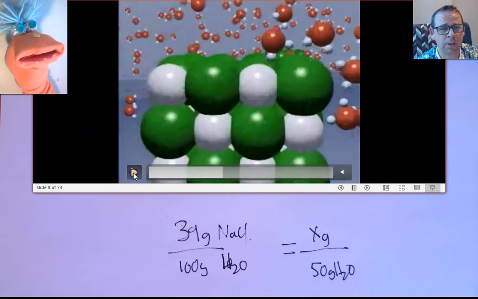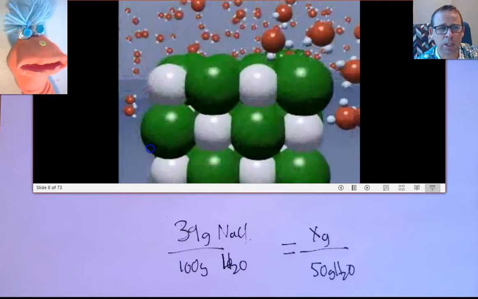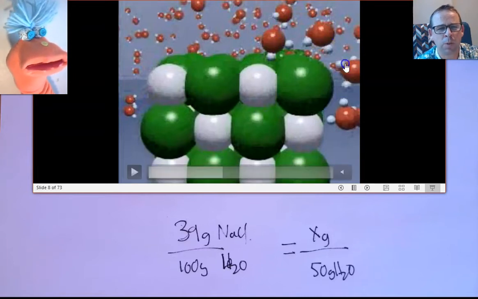Now here's what happens when we put a soluble ionic compound into water. The water molecules surround the different ions and supply the charge that their neighboring ions were supplying.